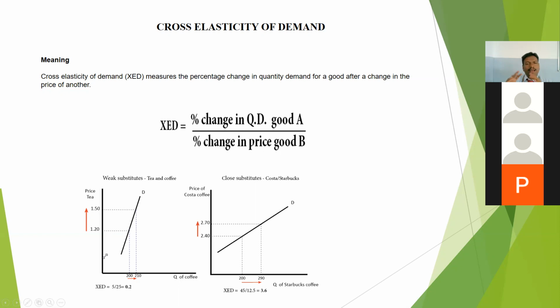What will happen in general because of this increase in price of commodity A or commodity X? It is influencing me to buy more of commodity B or Y, because the price remains unchanged for the alternate commodity.